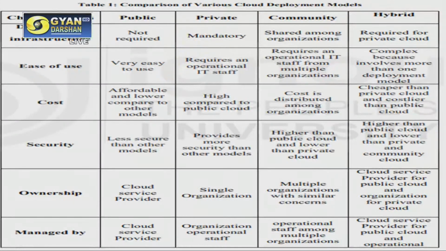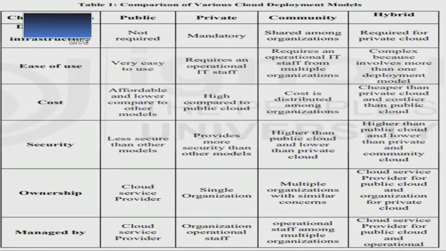Apart from this, the community clouds are sharing the dedicated infrastructure, but they need to have skilled labor to maintain things. So sharing among the organizations can handle the demand of the in-house infrastructure. Now, so far as ease of use, it is one of the important characteristics involved when we are going to choose among the clouds, that is public, private, hybrid and community clouds.